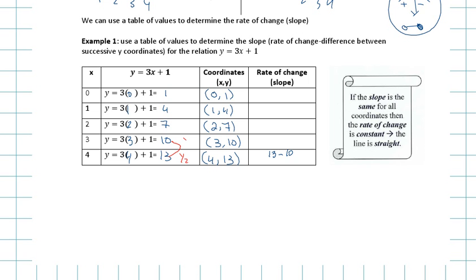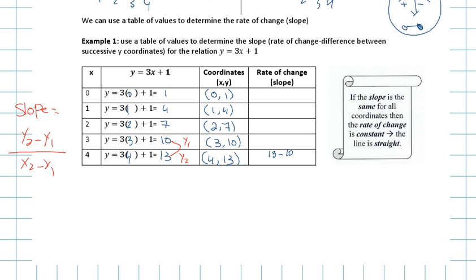Okay, so these are your y values, right? You see them right here as well, 13, 10, 7, 4, 1. The formula for the slope is y2 minus y1 over x2 minus x1. So, I'm going to have to start from the bottom and go up.